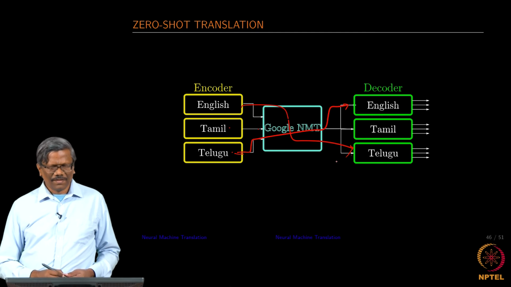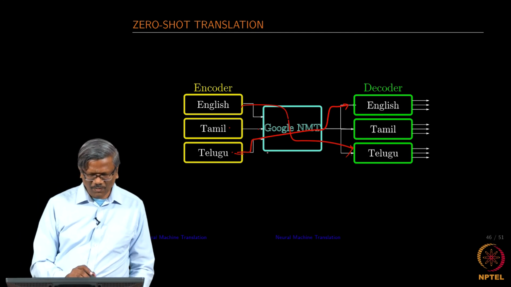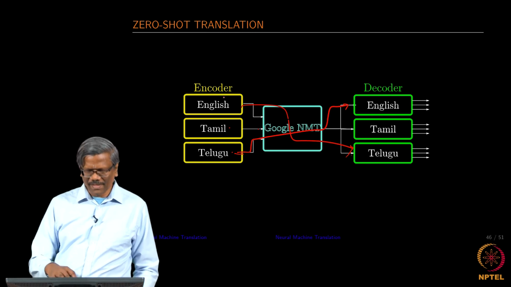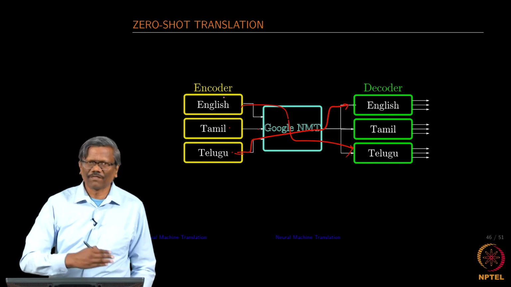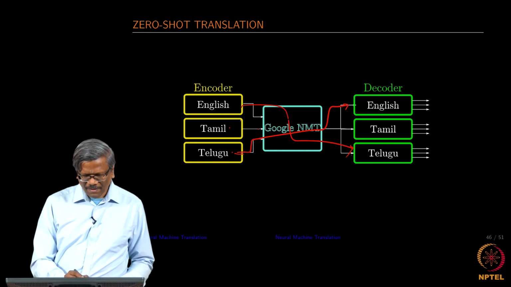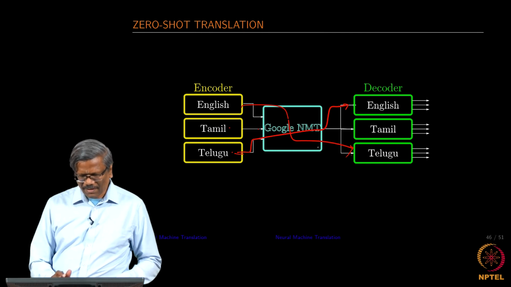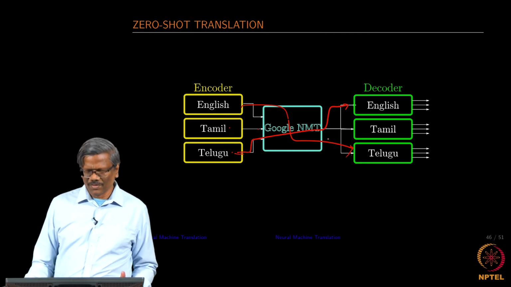So, without changing any of the model parameters, once the training is completed in these pairs, start feeding the next one as pairs. For example, when you are finished with English to Tamil and then Tamil to English, we have a certain state in the neural network.